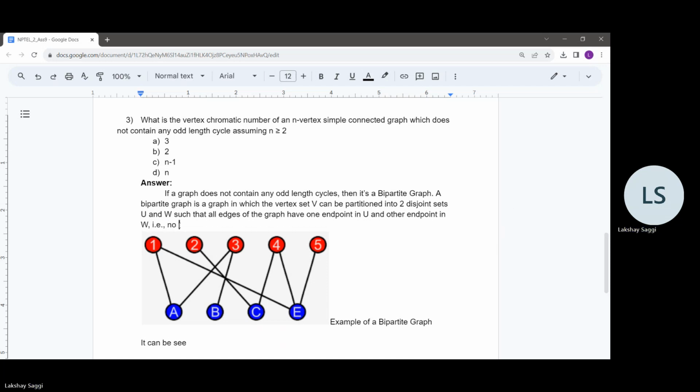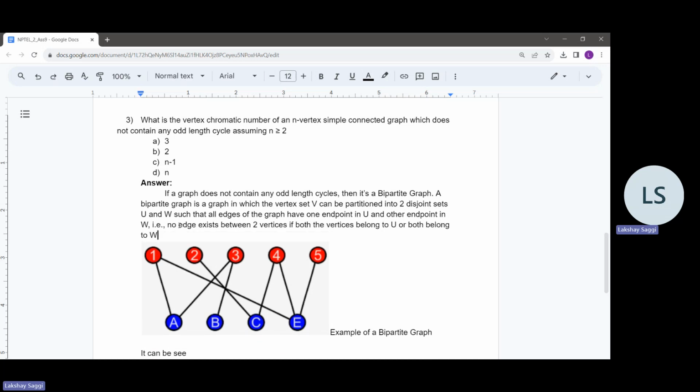That is, no edge exists between two vertices if both the vertices belong to U or both belong to W. So if both vertices belong to U, or both vertices belong to W, then there can be no edge between such a pair of vertices.